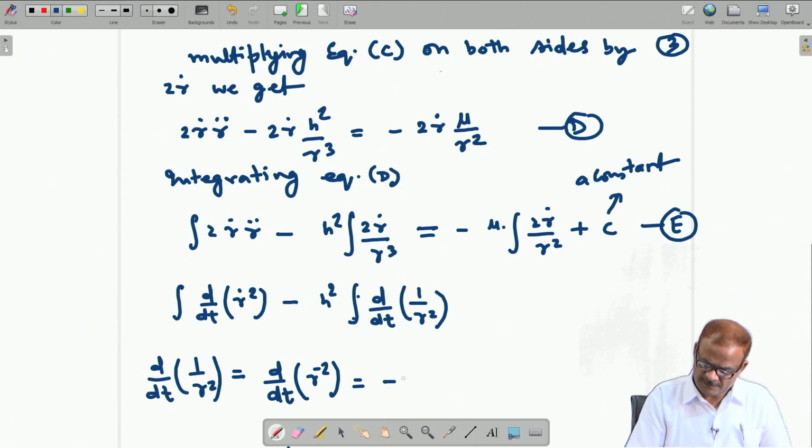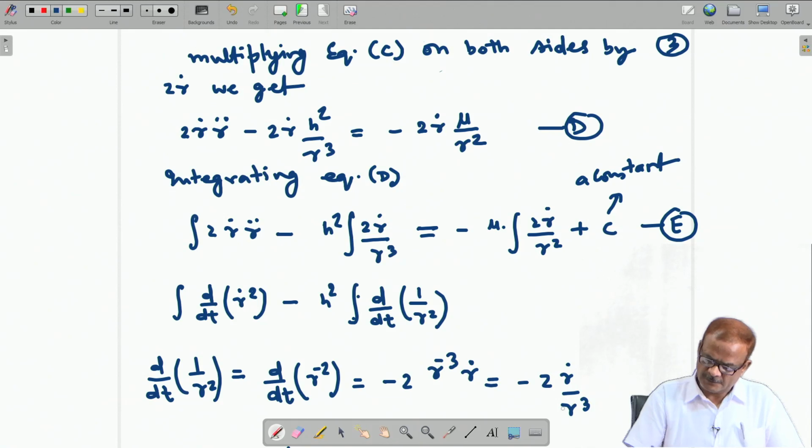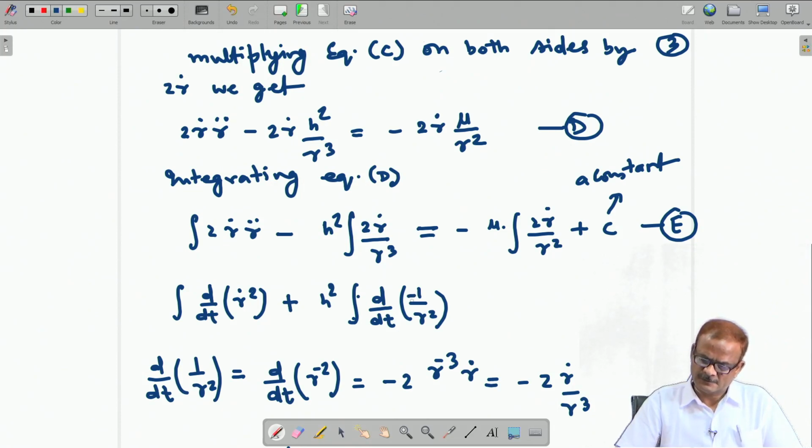Once we differentiate this, it will be minus 2 r to the power minus 3 times r dot, which gives minus 2 r dot by r cube. So, this minus sign should be fetched inside: instead of minus here we put plus, and the minus sign we fetch in this place.